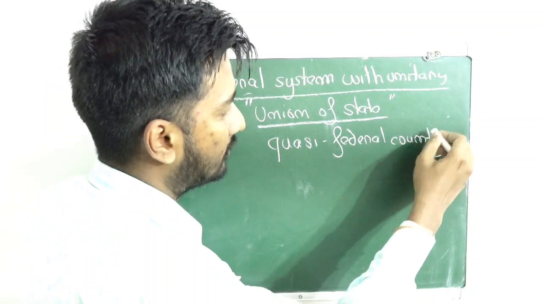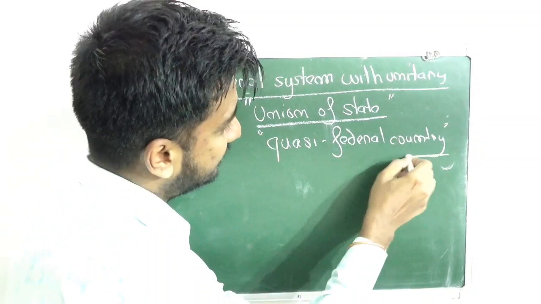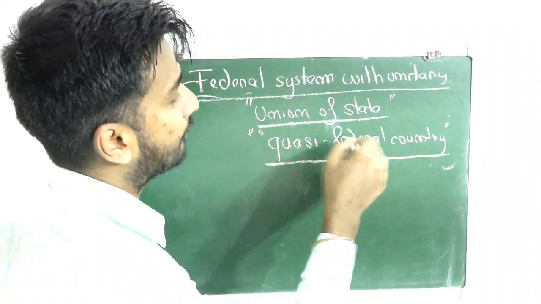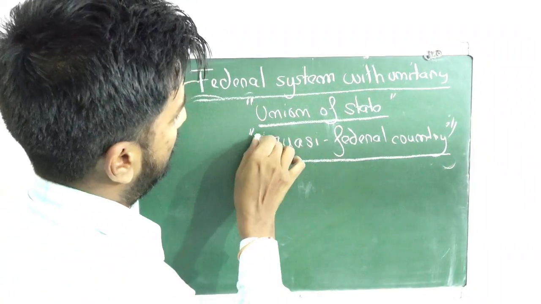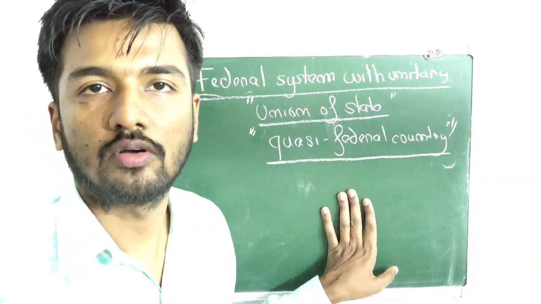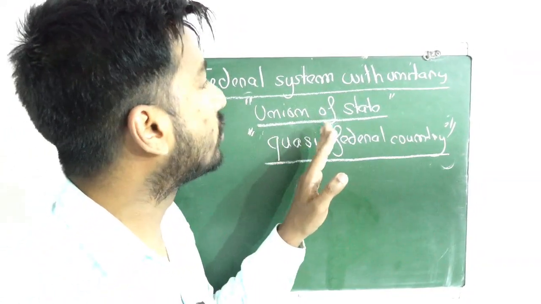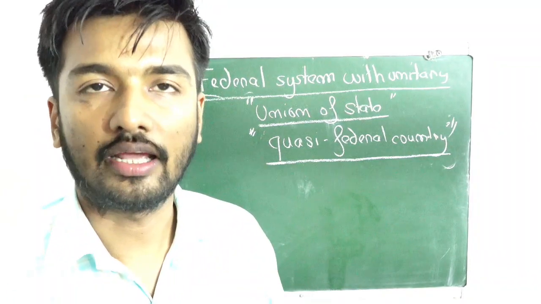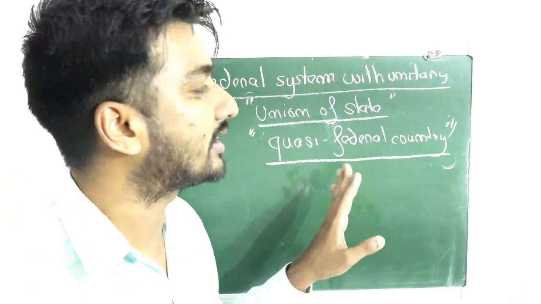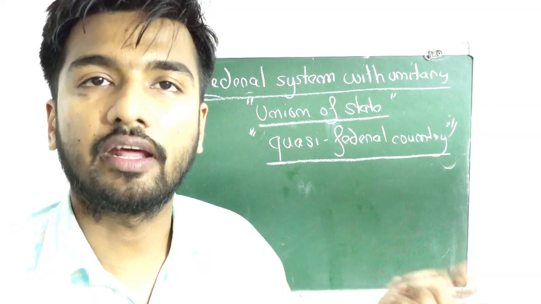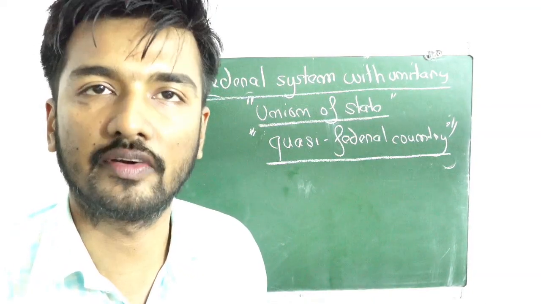Now, quasi-federal country is a very important term. It may be asked in competitive examinations. Now, why is it known as a union of states and why is it known as a quasi-federal country, not a federal country? Then what is a federal country?